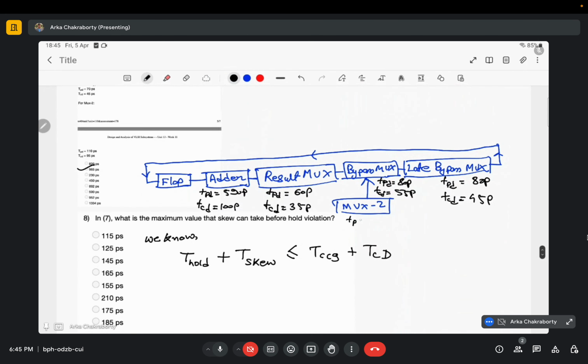TPD here is 110 picosecond and TCD here is 95 picosecond. Okay.